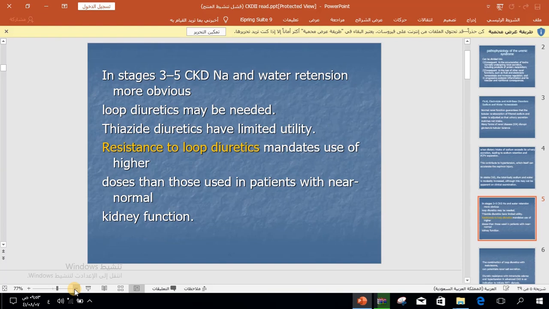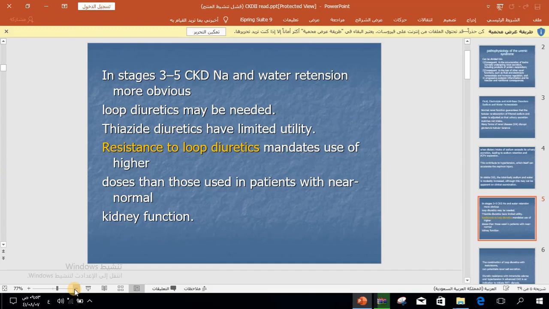And this fluid retention is characterized by resistance to loop diuretics in usual doses, because diuretics, to function, need to be filtered, and as you know the filtration is impaired, so we need higher dosage of loop diuretics to get natriuresis and diuresis.